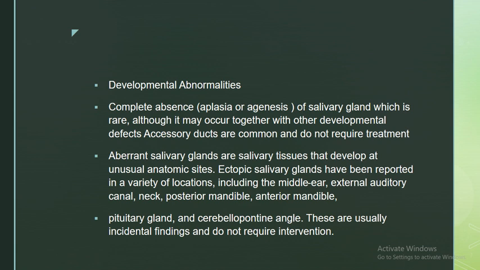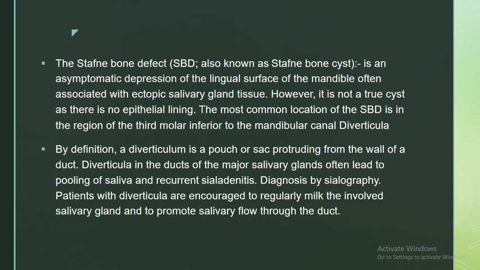These are usually incidental findings and do not require intervention. We have what is called the Stafne bone defect or Stafne bone cyst, an asymptomatic depression of the lingual surface of the mandible, often associated with ectopic salivary gland tissue.